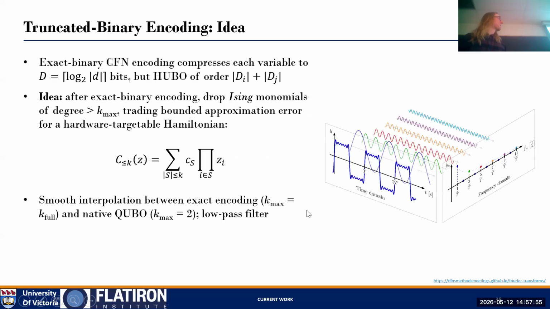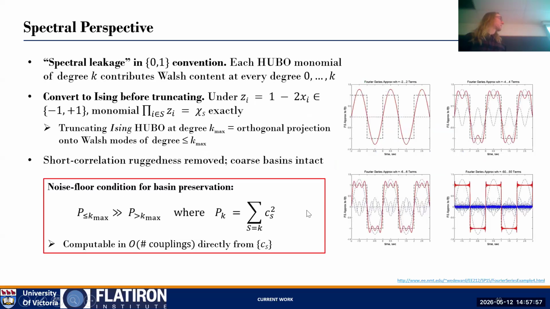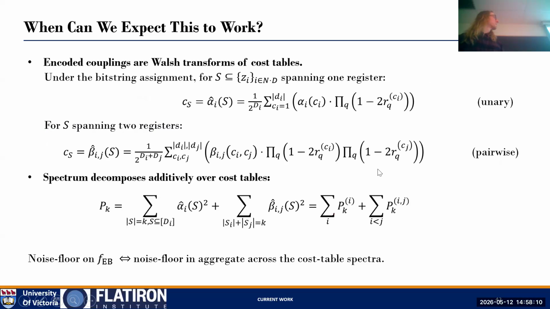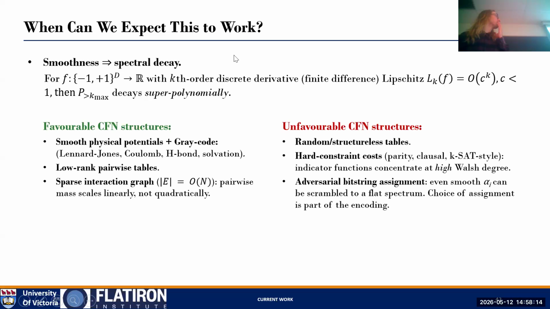I haven't looked in detail yet at what happens if you have a randomly structured cost table and you reorder the choices and then assign to bit strings. But there is this smoothness criterion, where you can expect the basin itself to be preserved and the global optimum still remains the global optimum.